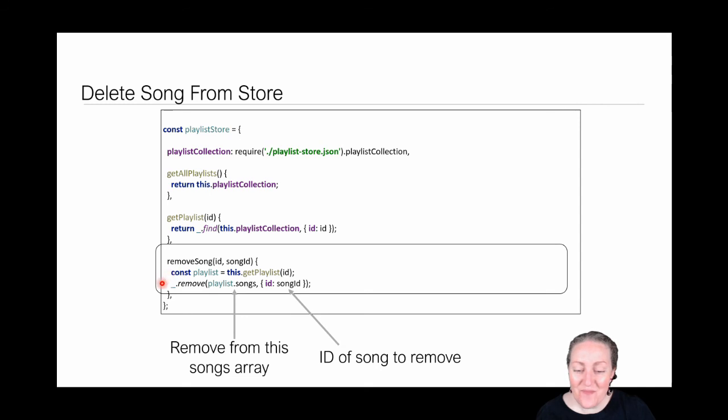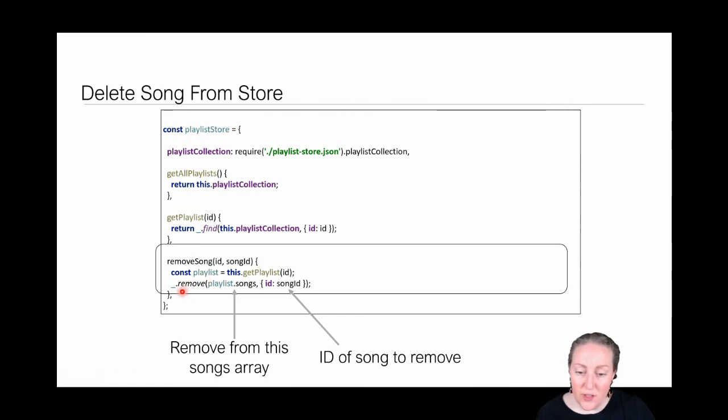Okay, next then we're going to, first of all, get the playlist. Get playlist ID is what we used before in our previous set of slides to get one playlist based on its ID. So in other words, this step will get the playlist that we're talking about and save it into this variable called playlist.